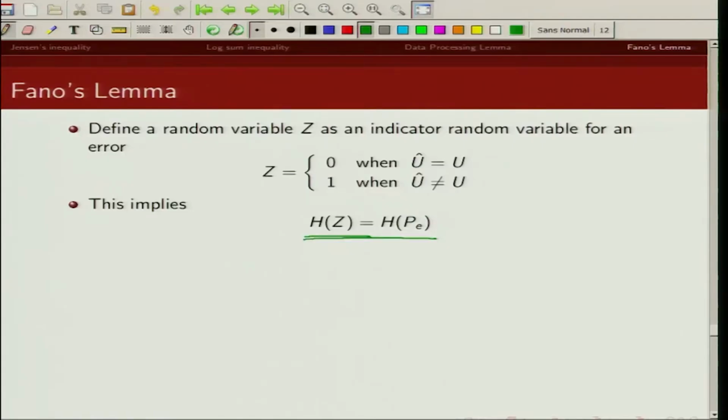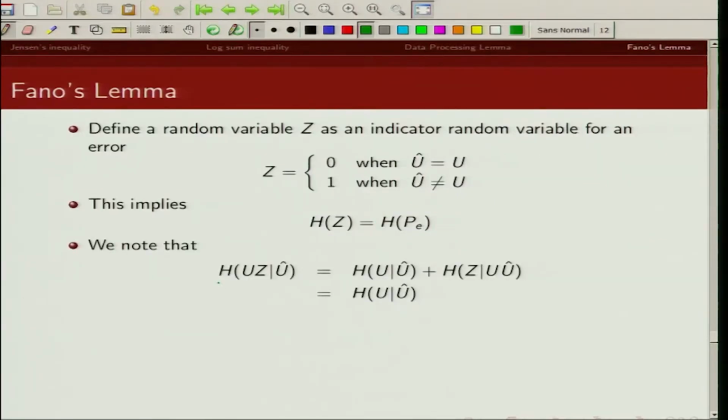With probability 1 minus P_e there is no error, and with probability P_e there is an error. So the entropy of z will be given by minus P_e log P_e minus 1 minus P_e log 1 minus P_e, which is nothing but the entropy of P_e.